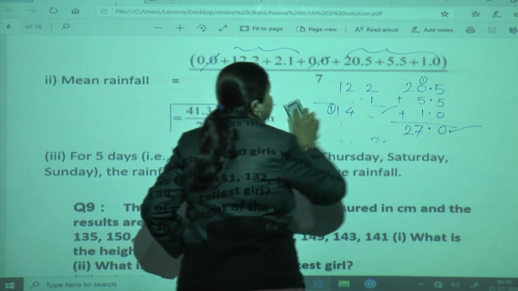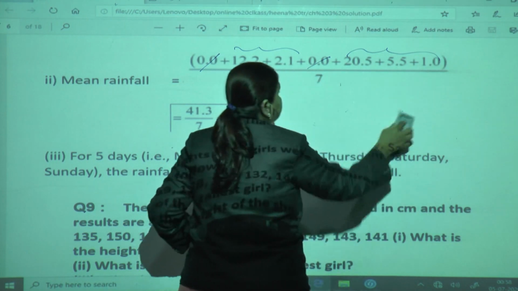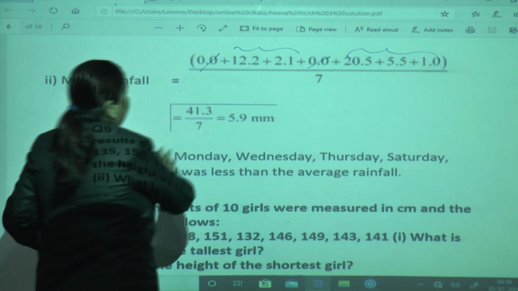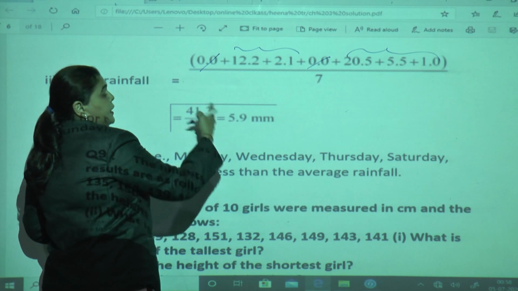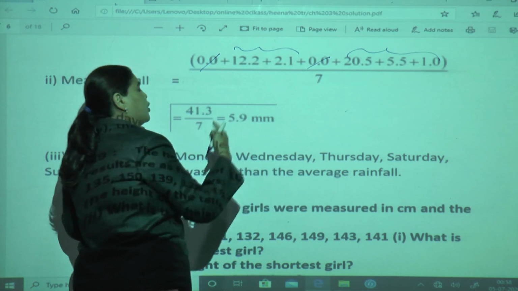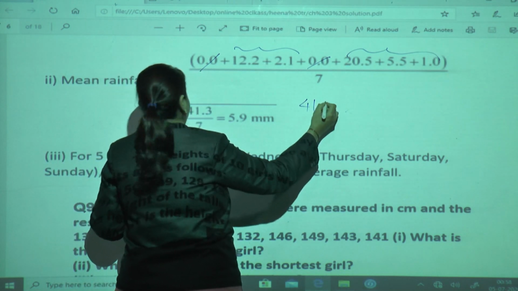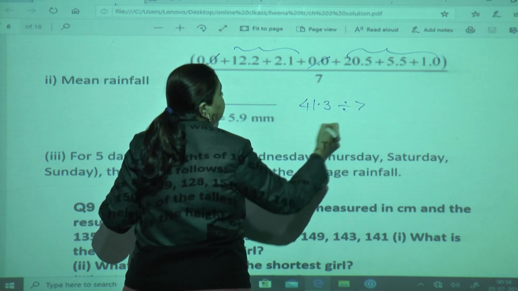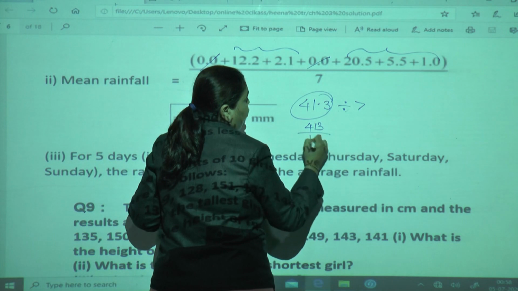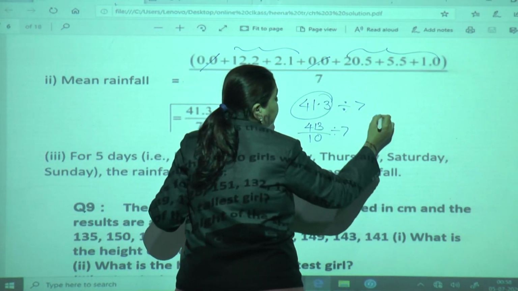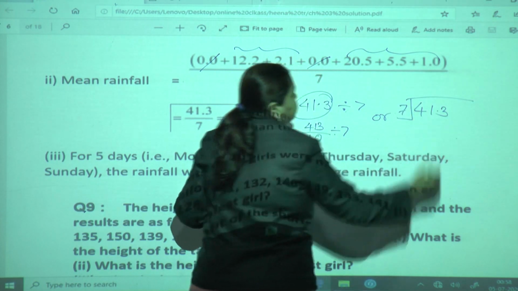So we got the total as 41.3, and the number of observations is how many days? It was 7 days. So we have to divide it by 7. Here we got a decimal. You can use both methods, because we did it in the previous lesson. You can divide by 7 this way, or convert this decimal into fraction form and do it, or you can do 41.3 divided by 7.